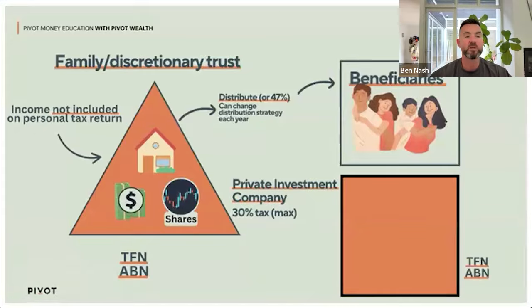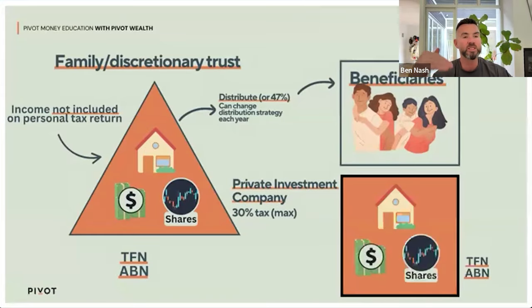An investment company works in a pretty similar way to a trust, in that you get a tax file number and an ABN, and once you've got that, you can do exactly the same thing: open bank accounts, open share accounts, buy property, etc. An investment company is also referred to as a bucket company. I did see some comments around bucket companies in the chat.